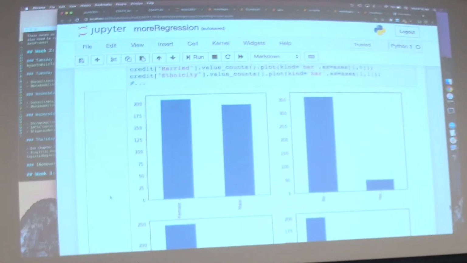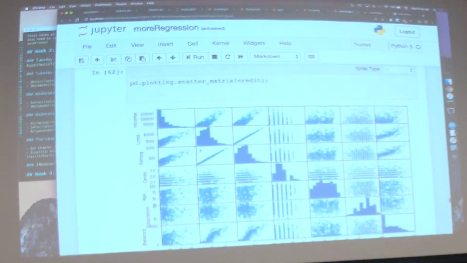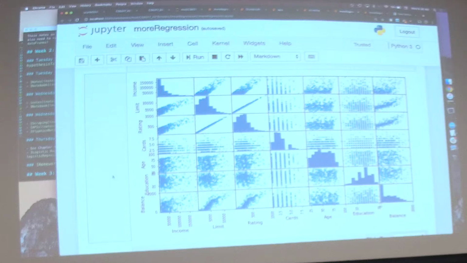It's not obvious from this what any of those relationships are yet. If we converted them to numerics, then we could look at the scatter matrix or the correlation, but we'll skip that for now.